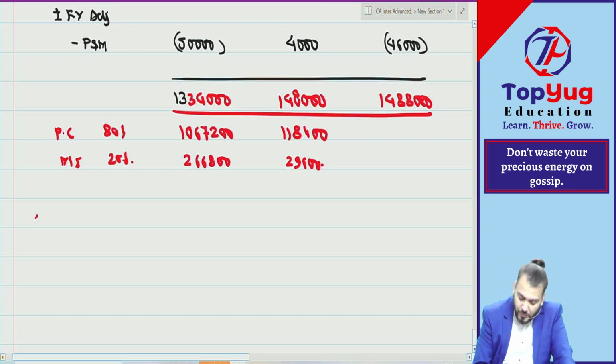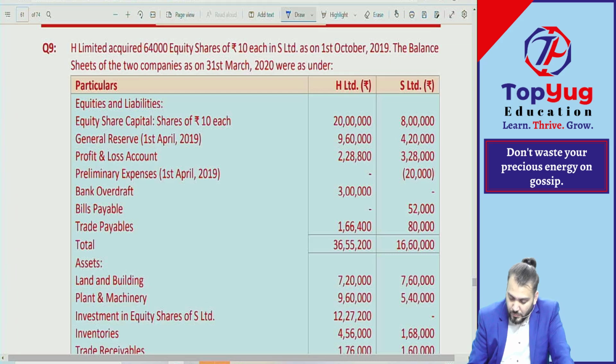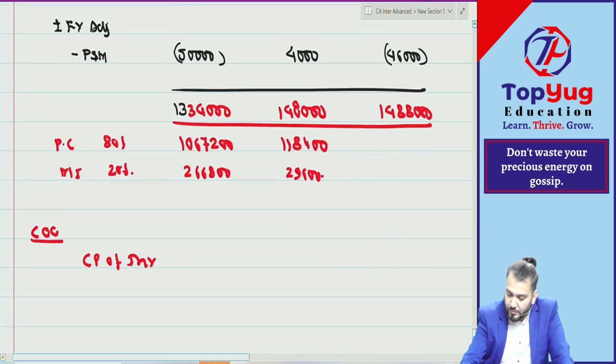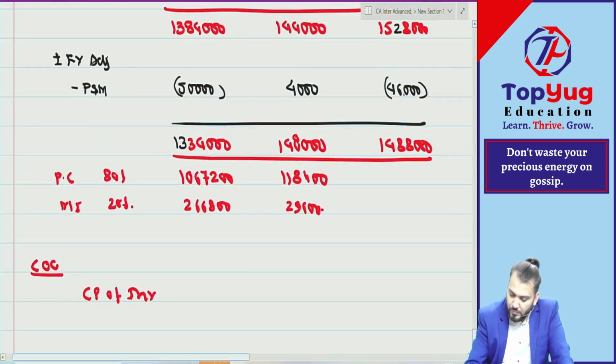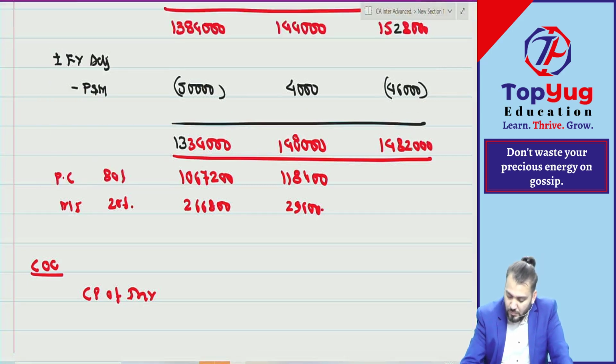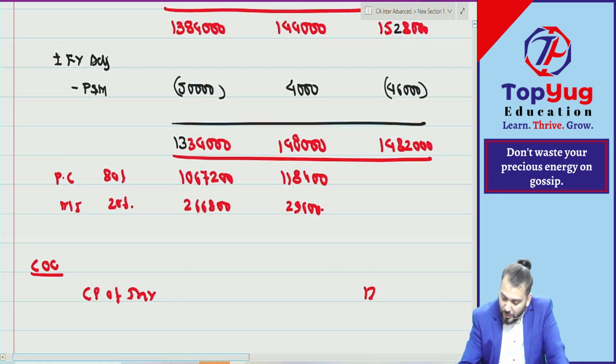Next we'll do cost of control. What is the cost price of investment given? 14 lakh. This one will not affect our answer. What is the cost price of investment given? 12,27,200.